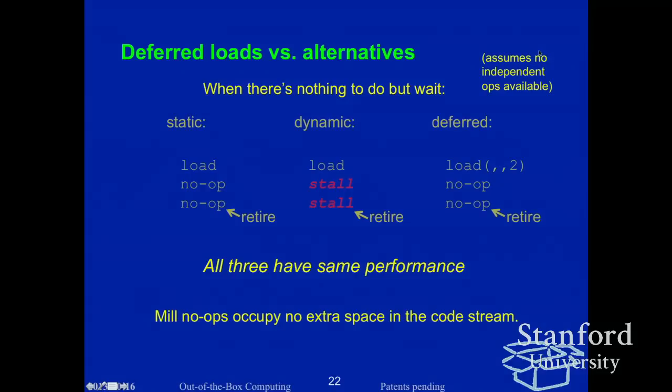Mill no-ops have 0 bits in nearly all cases. If you want to know how that works, that was covered in the first talk given here last May, and the details are available at that URL on our website. You can go take a look at the video to see how it's done.